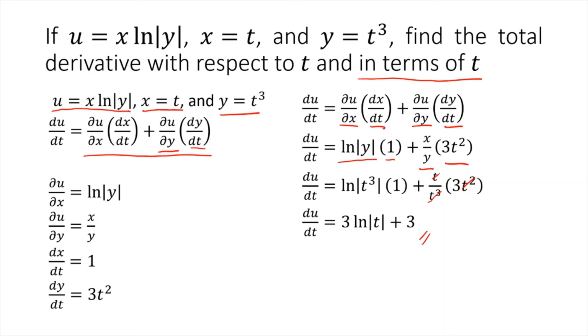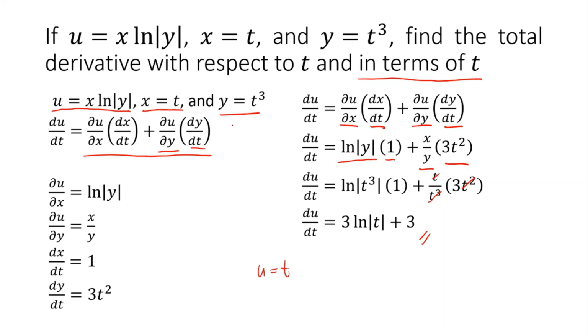You can also try to solve for the total derivative of u with respect to t in terms of t by directly substituting the equivalent expressions for x and y into the equation for u. In this case, u is x, where x is t, so just plug in.